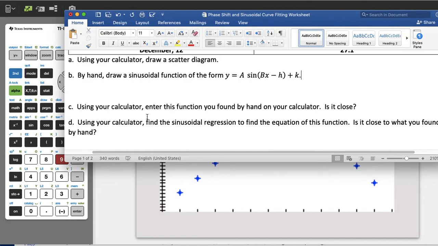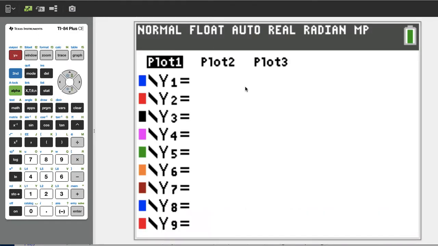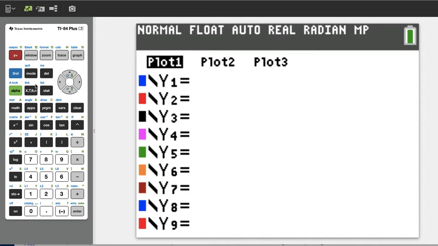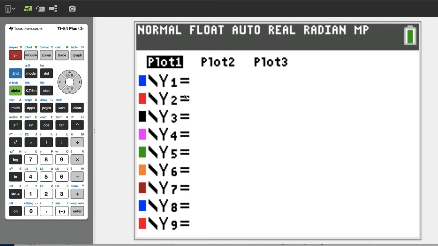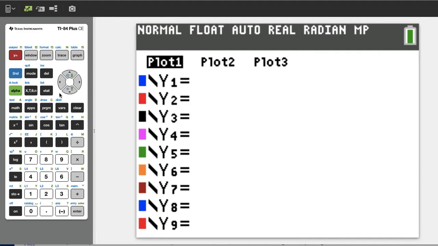Now, we're going to do it by our calculator too. So on C, using your calculator, enter this function you found by hand. Is it close? Whenever we get our answer by hand, we're going to type it in. Then we're going to actually find the regression, the actual sinusoidal regression. And here's how we're going to do that on this calculator.